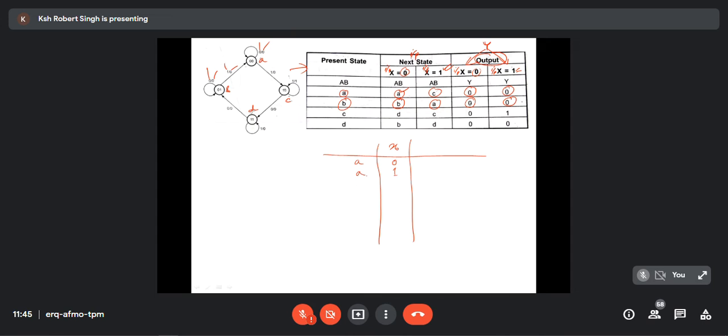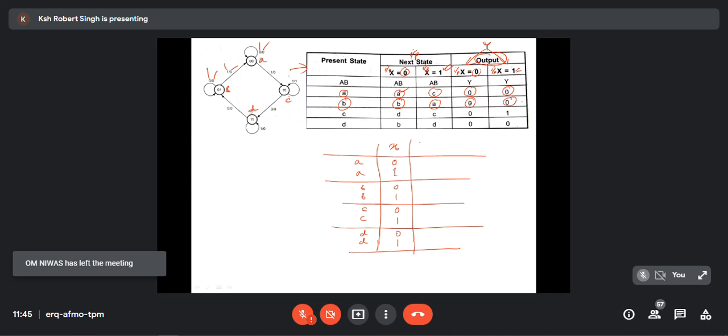When it is A. When it is 0, what happens? When it is 1. When it is B. When it is 0, what happens? When it is 1. When it is C. When it is 0, when it is 1, what happens? When it is D. When it is 0, when it is 1, what happened to the output Y?